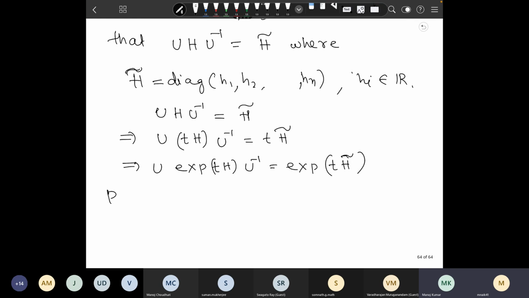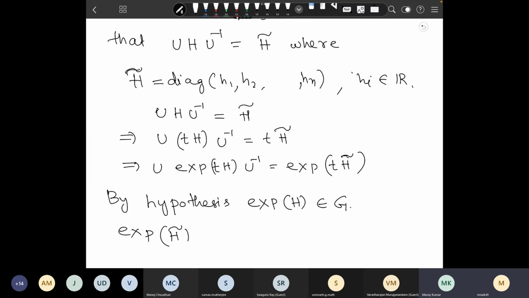Now by hypothesis, the exponential of H belongs to G, and G is pseudo-algebraic. But what is the exponential of H tilde?